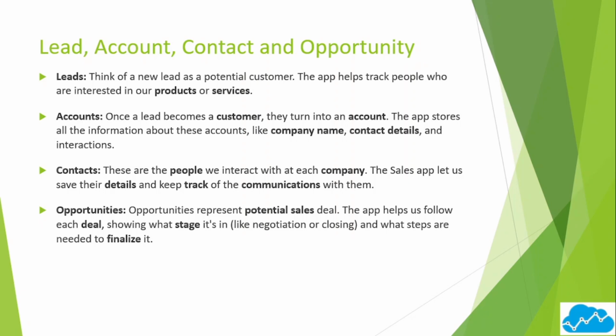So in the contact object, we store the information of individuals. Opportunities represent potential sales deals. The app helps us follow each deal, showing what stage it's in, like negotiation or closing, and what steps are needed to finalize it. So an opportunity is like a deal or business.